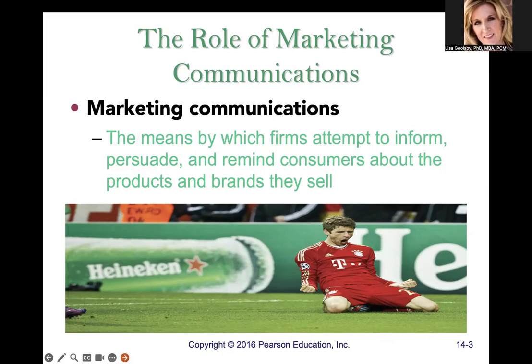It's our effort as a marketer to inform about our products, persuade consumers that they want our products, and remind consumers about those products. So I may know about the product, I may be persuaded to buy the product, but I may have forgotten that I want the product. So we've got to have all of these elements: inform, persuade, and remind.